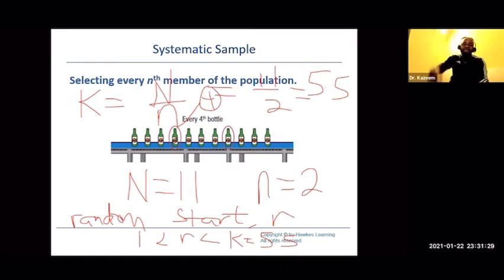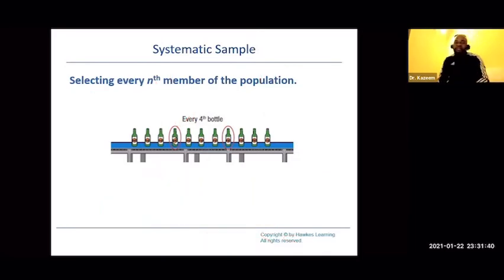And for every other bottle that you're going to choose, you're going to add the sampling interval. So this is what we mean by systematic sample. I can decide to choose every 4 or every 5 or every 6. Take a look at this.